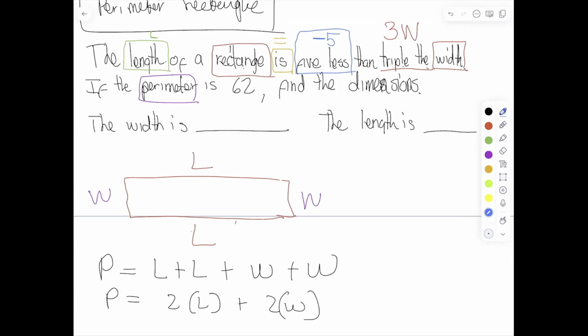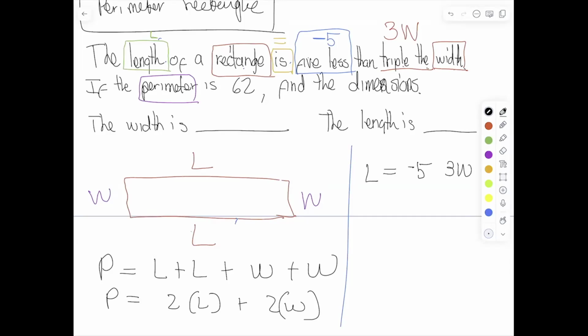So I got the rectangle. So what about the rectangle? Well, the rectangle has a length. And that length is, right? So let me write that over here. The length is equal to, right? The length is 5 less than what? Triple the width, right?